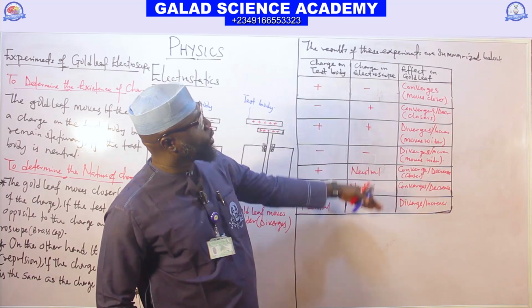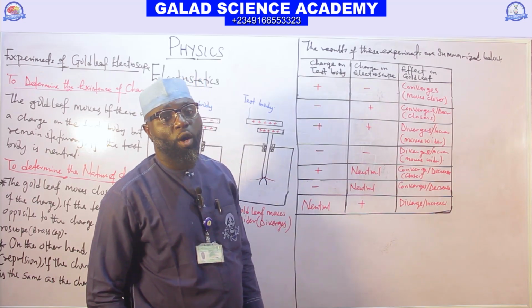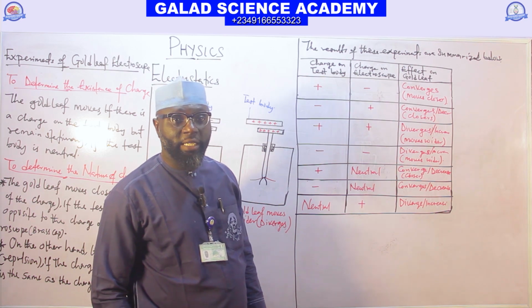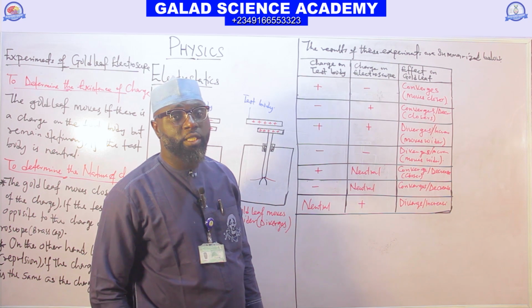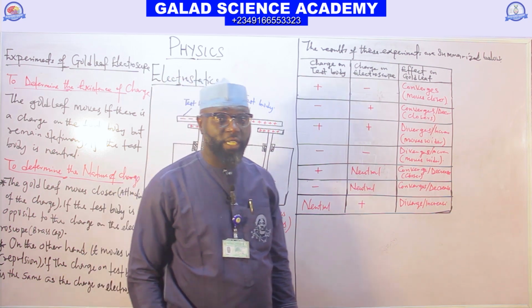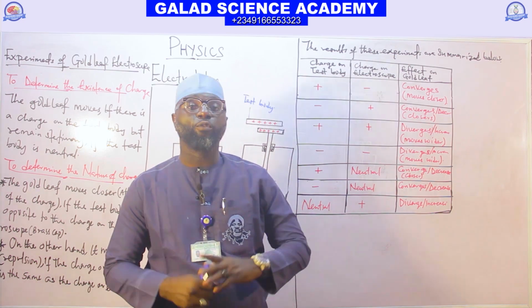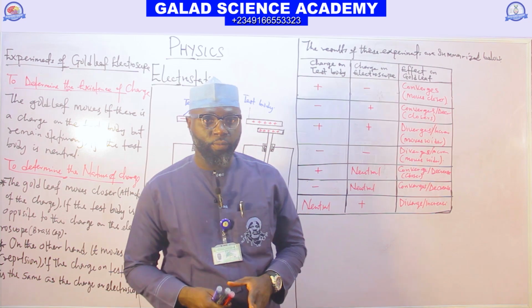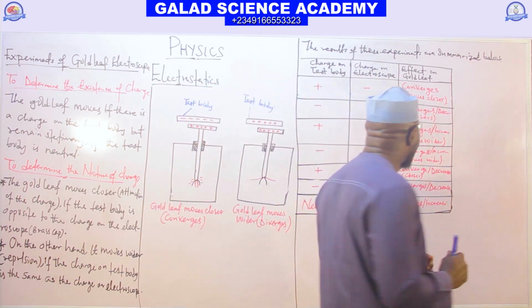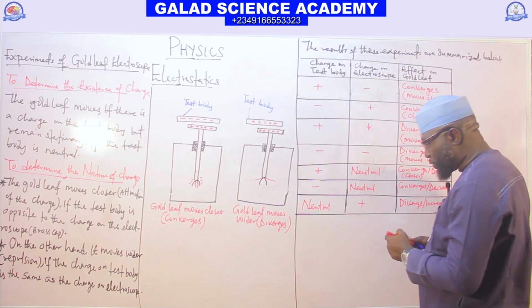This is how we can use gold leaf to determine the nature of charge. So the next thing that we are going to treat now is distribution of charge in a metallic conductor.